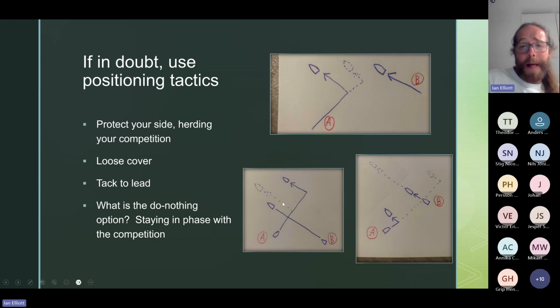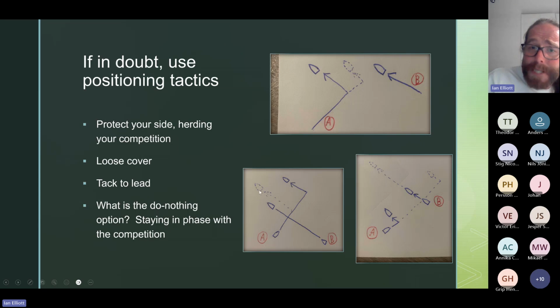So if your assignment is to stay ahead of B in a fleet race, you want to give B a loose cover, because if you're going to stay with B, you want B to sail to the correct side of the course with you ahead of them.